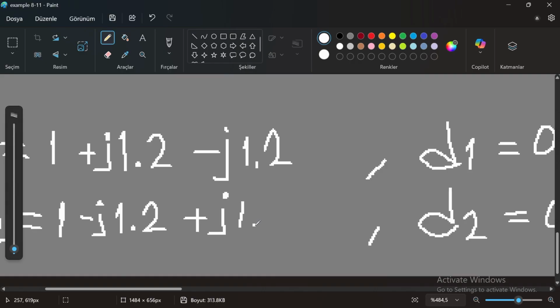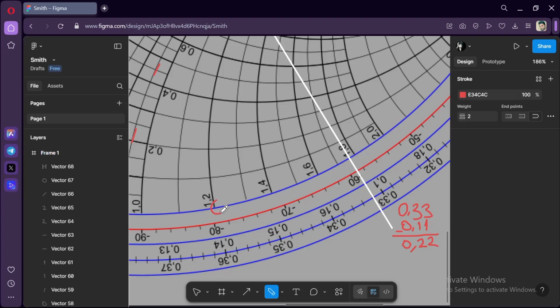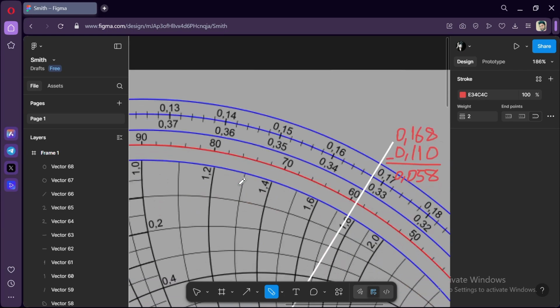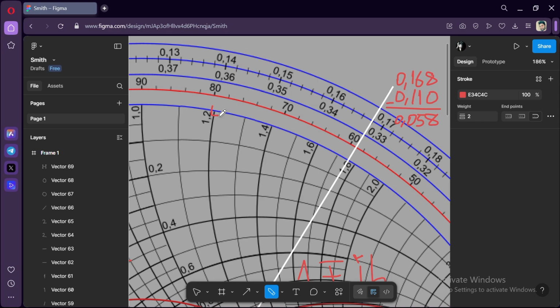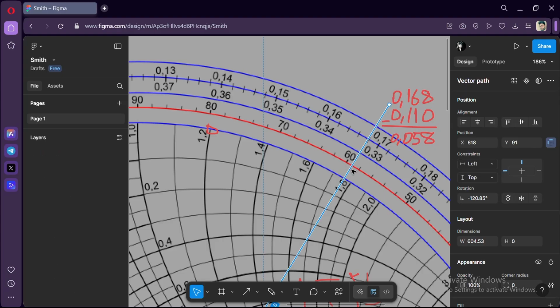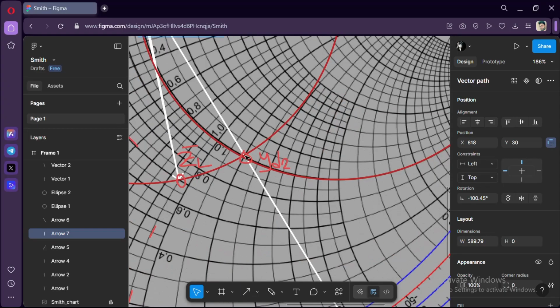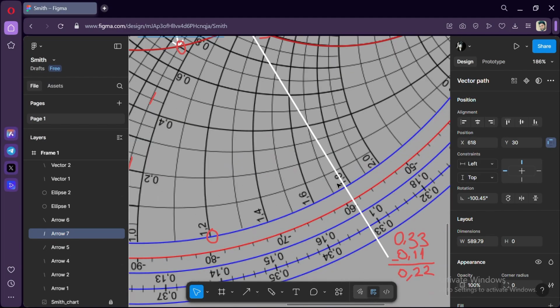Okay, we need these points on the Smith chart. After that, I will show you here. Minus j 1.2 here. Okay, then plus j 1.2 here. Again, we are drawing a circle from the center to these points.